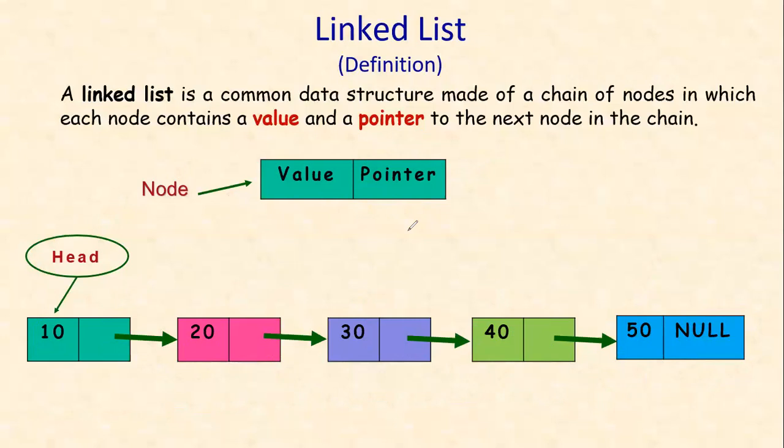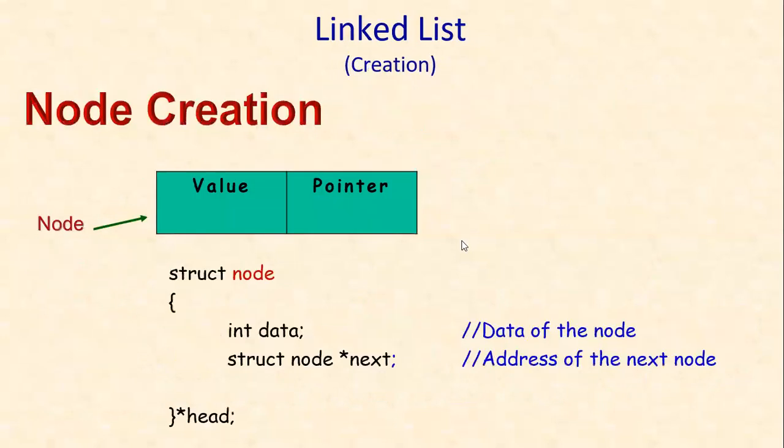So first of all, let us see this. In linked list creation, the first and most important step is creation of the node. So how can a node be created? Here it shows the declaration of the node.